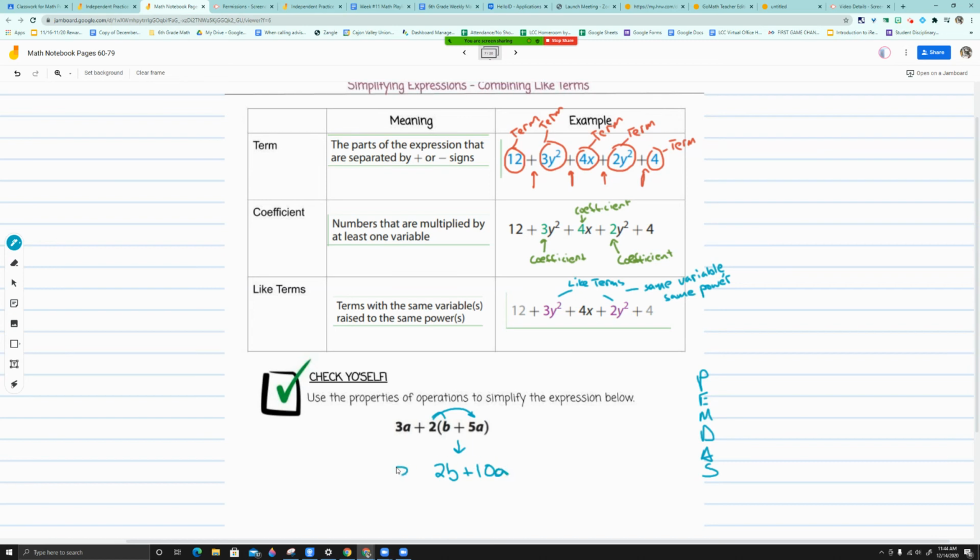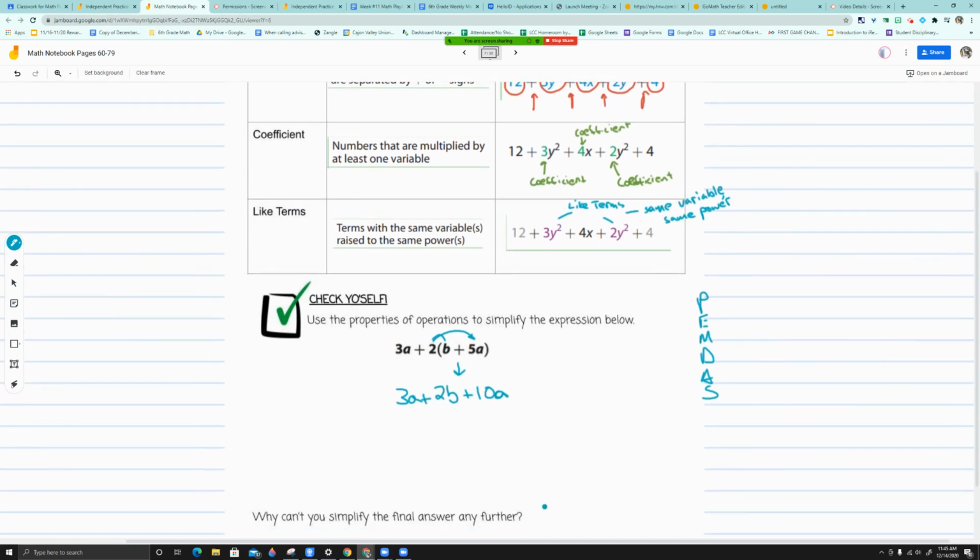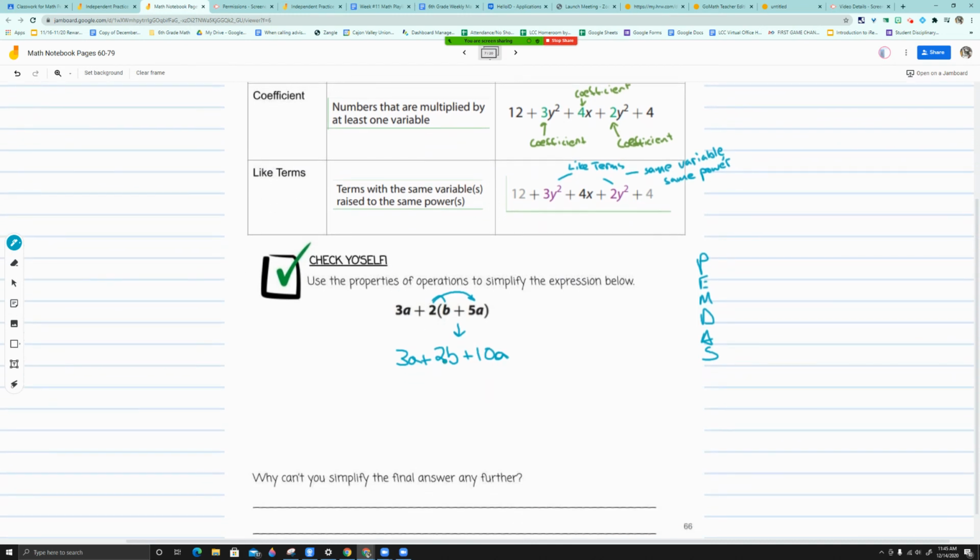Now we already have this 3A in front of it. That's still going to be there. And now we need to combine like terms. Well, we have A and 3A and 10A. These are like terms, and they are connected with an addition sign. So I could add 3A plus 10A, and I end up with 2B plus 13A.